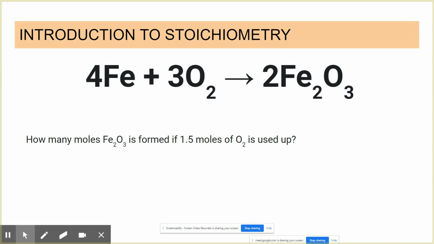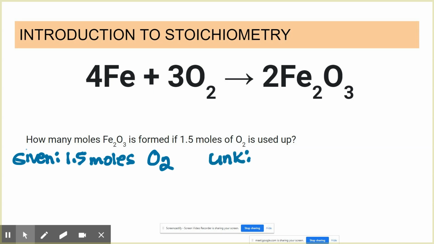So let's write that down. Our given here is 1.5 moles of O2. You all see it? And our unknown, what we're looking for, is moles of Fe2O3.